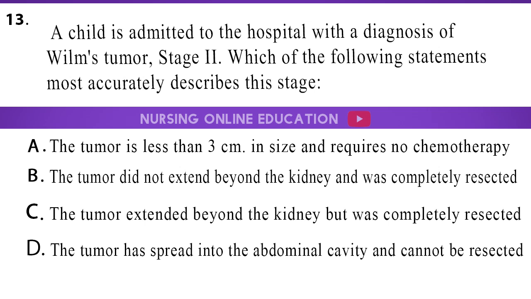13. A child is admitted to the hospital with a diagnosis of Wilms tumor, stage 2. Which of the following statements most accurately describes this stage? A. The tumor is less than 3 centimeters in size and requires no chemotherapy. B. The tumor did not extend beyond the kidney and was completely resected. C. The tumor extended beyond the kidney but was completely resected.